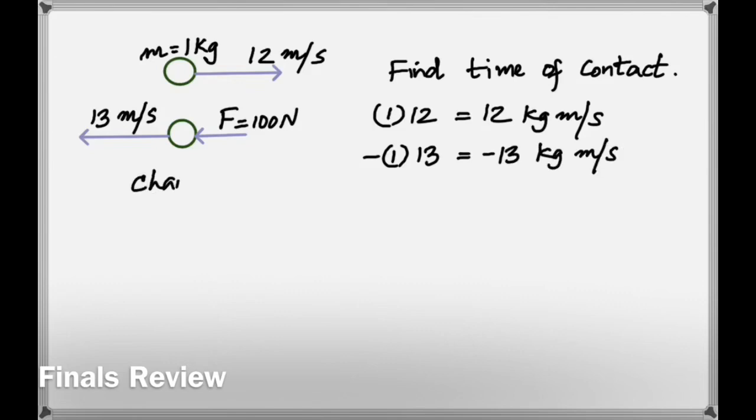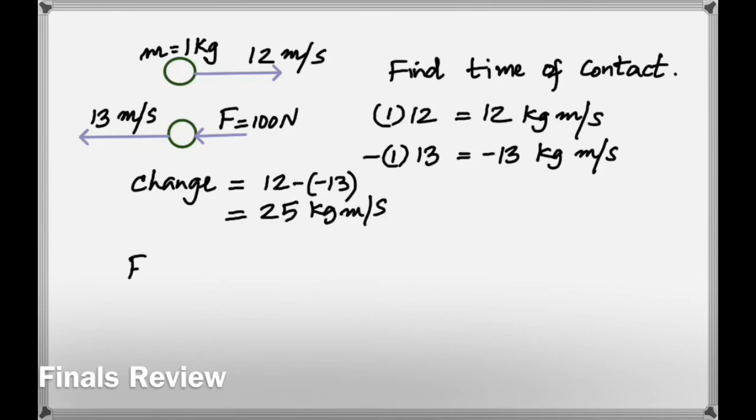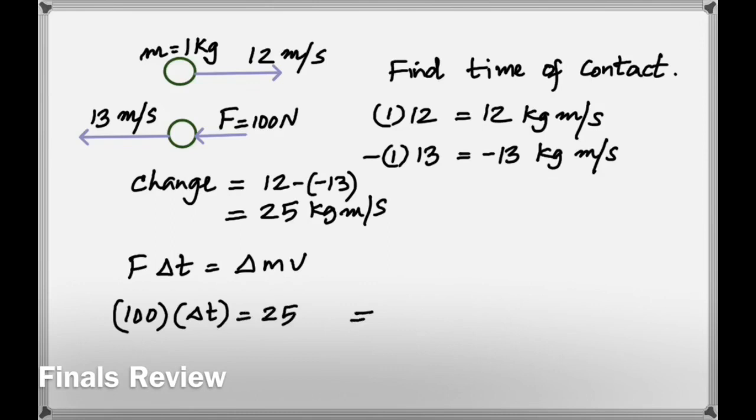Therefore, when I take the change it's always final minus initial. But in this case, it doesn't matter. The number is going to come up as 25. One way you get it as negative 25, right? The other way you get it as positive 25. The magnitude of the change is 25. That's all that matters. And then put the two formulas together like we did before. 100 times the time is the change, which is 25, and do that math.